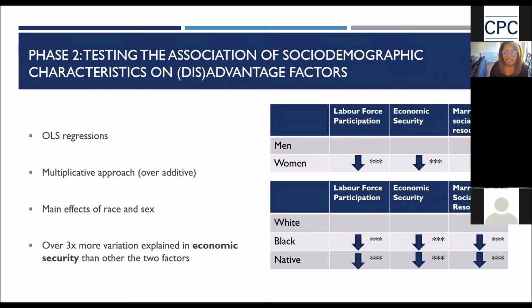So once we have the factors of disadvantage, which via the factor analysis turns the factors into continuous measures, I wanted to test the association between these derived factors of disadvantage and socio-demographic characteristics, particularly via intersectionality.